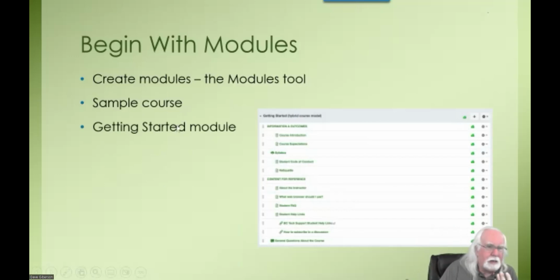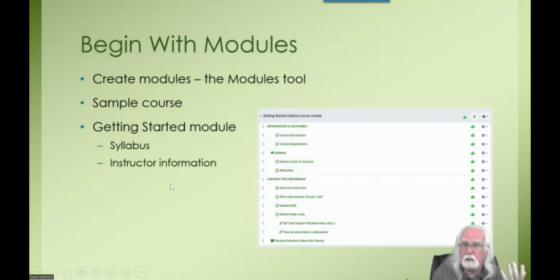Let's start with, like I say, a getting started or a welcome or an introduction module where you provide the information the students need on the first day. That might include the syllabus, instructor information about you, particularly if you don't have a chance to see them in a classroom or on Zoom, and don't have a chance to introduce yourself, or you just want to make sure that that information is there, available to everyone in case they forget what your name is.